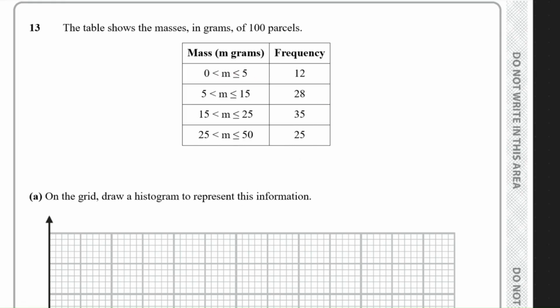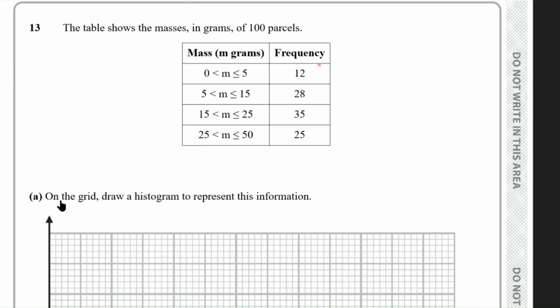For example, the first row says from 0 to 5, and the second row mass is greater than 5 and less than 15, and then so on between 15 and 25. And for each case it gives you the frequency, how many parcels. For example, if the mass of the parcel is less than or equal to 5 and greater than 0, that means there are 12 parcels, and so on for each one.